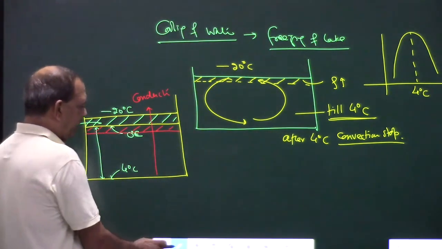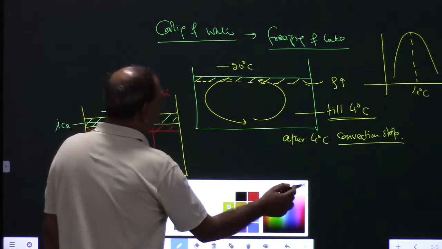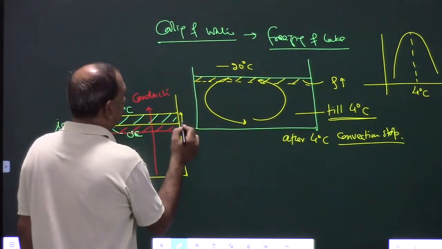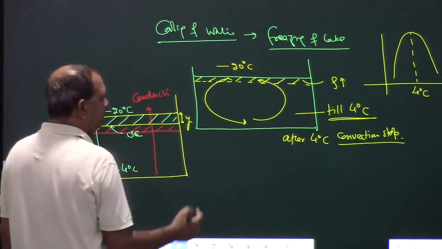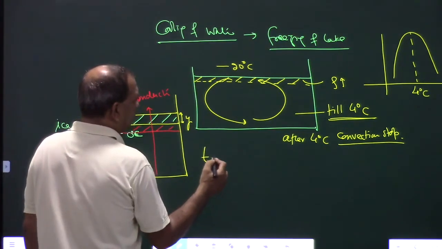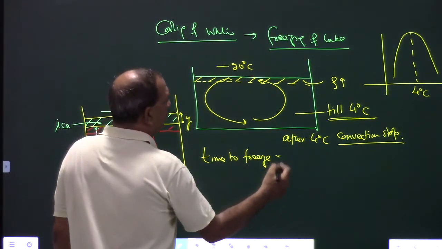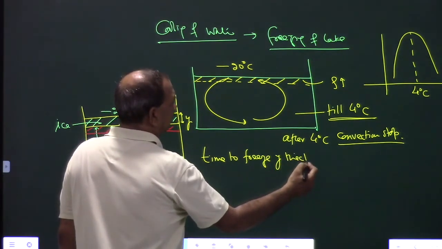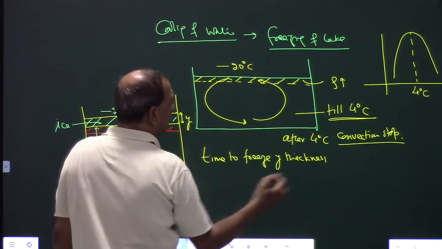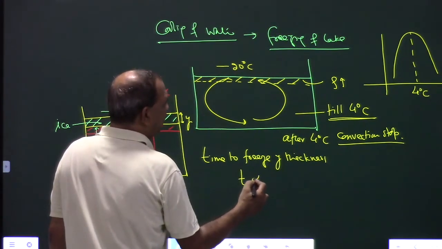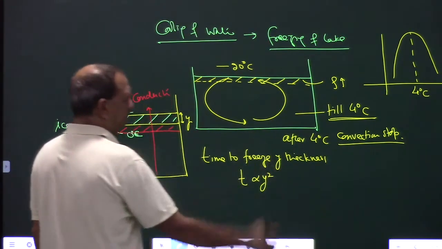In fact, अगर हम बात करें y thickness of ice, so time to freeze y thickness, T is proportional to y square.